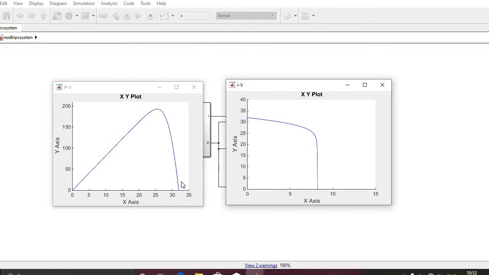This point is called the maximum power point, where the maximum power is achieved. This voltage is called the maximum power point voltage, and at this voltage the current is called the maximum power current. So these are the characteristics of the solar PV array system. I hope you understood this simulation.